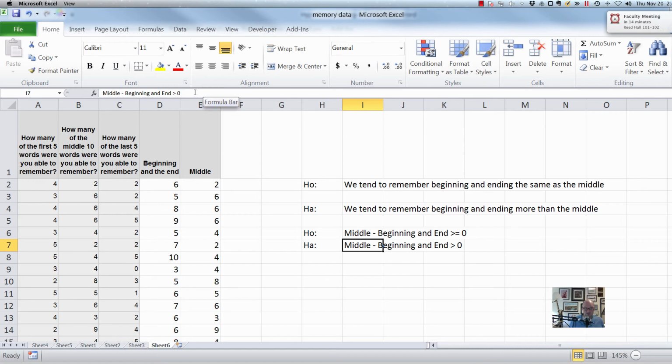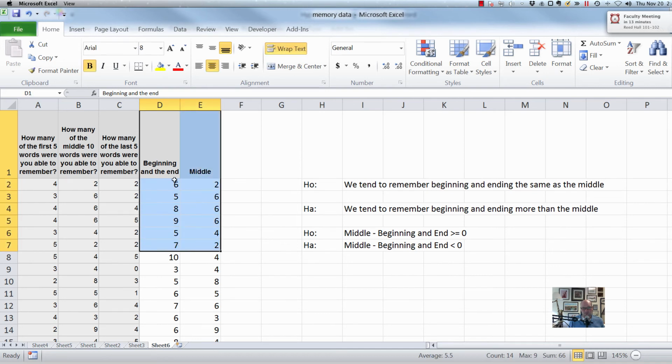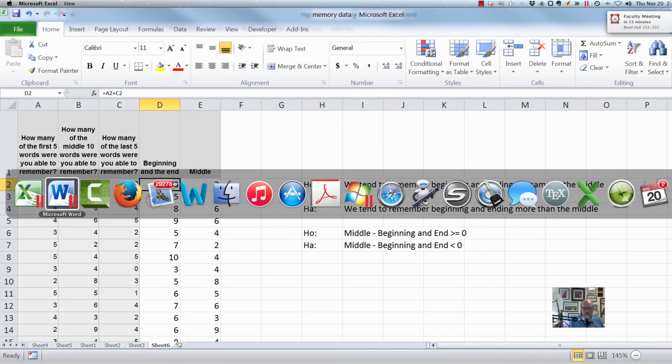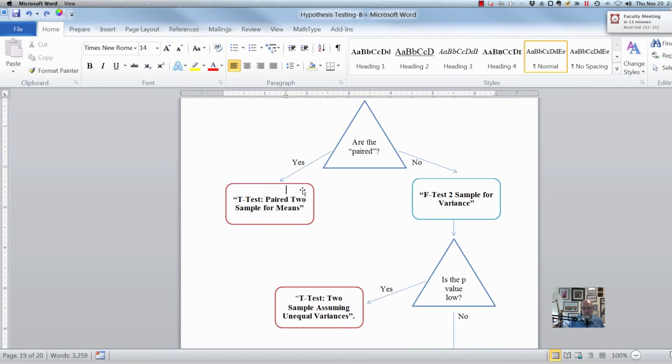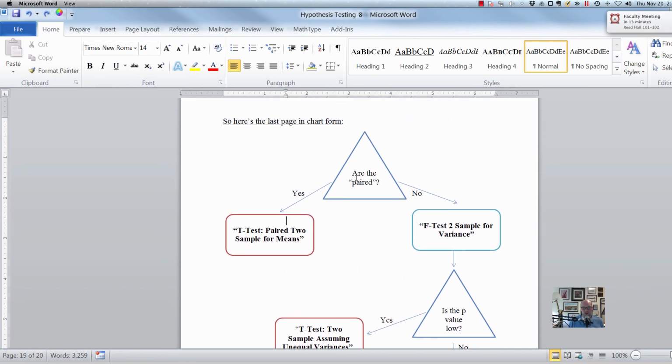And I hypothesize that it's actually less than 0, meaning the beginning and end are bigger than the middle. All right, hopefully that didn't confuse you too much. But I'm testing, I think the beginning and end is going to be bigger. That's what I'm trying to test. Beginning and end is going to be bigger. So here it is. I'm actually ready to do it the way I've set it up. Let's go back to our little picture here and say, is this data paired? Is this data paired?